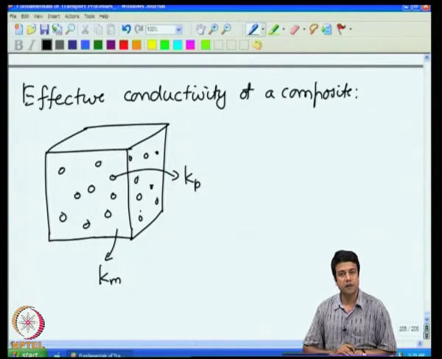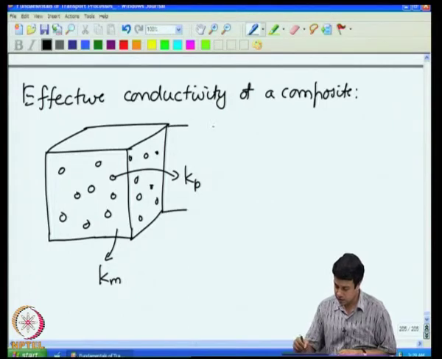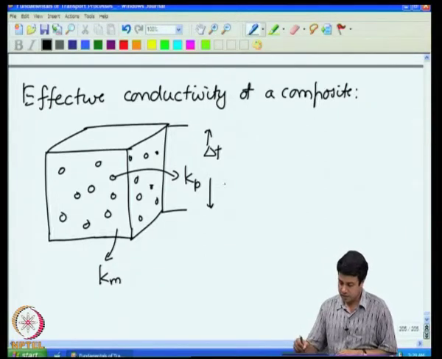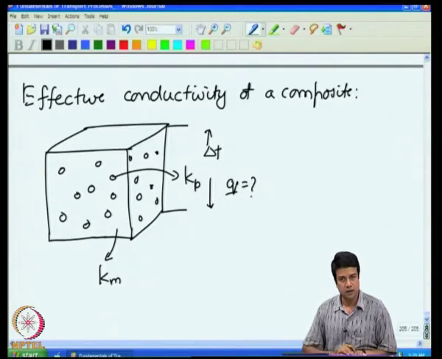What does one mean by effective conductivity? If I apply a temperature difference delta T across the material, what is going to be the heat flux? If I can get a relation between the heat flux and the temperature gradient, then I know what is the effective conductivity.